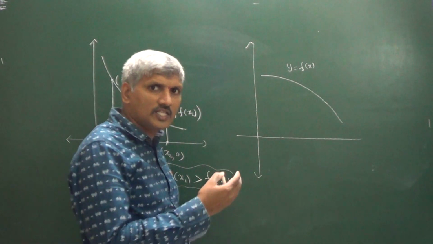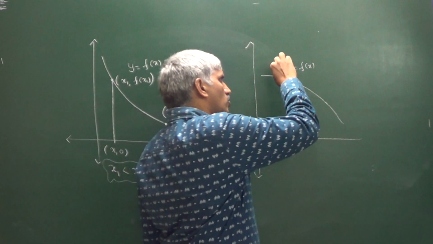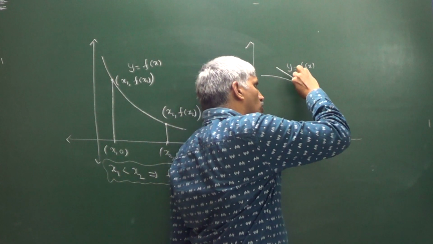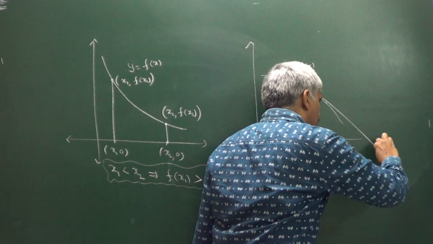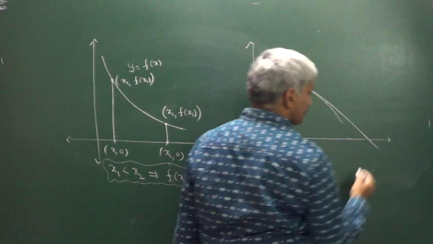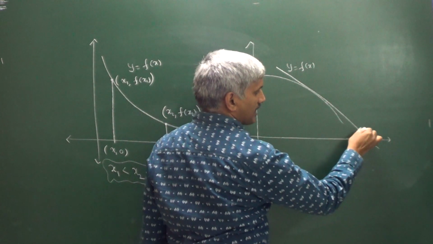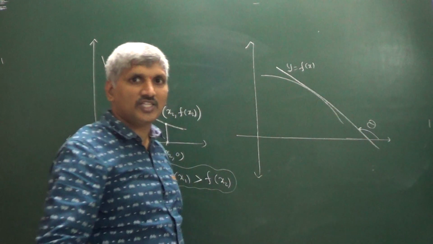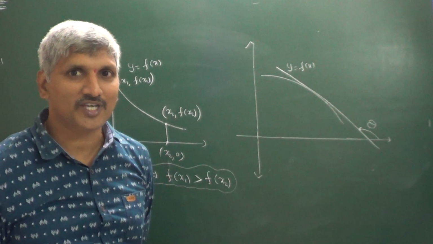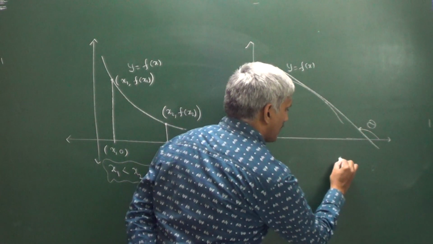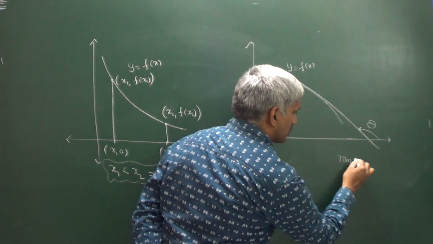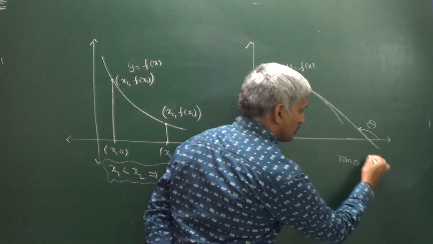Whereas here, in the other way, anywhere you can draw a tangent. Okay, tangent drawn at a point. This is the tangent drawn. That tangent with the x-axis makes an angle theta. Tell me, is that theta an acute angle or an obtuse angle? Theta is an obtuse angle. That means tan theta, no doubt, is less than 0.